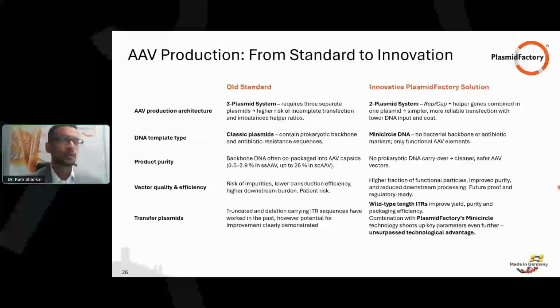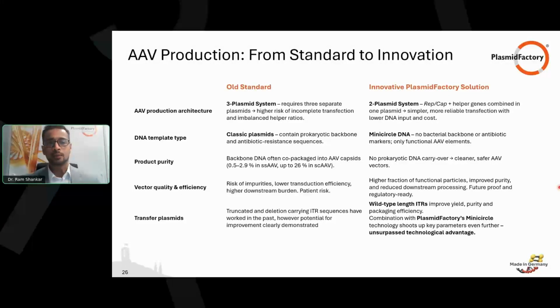Finally, we looked at plasmids containing wild-type length ITRs, how they improved yield, purity, and packaging efficiency. We also saw how it was now possible to actually monitor and track the lengths of the ITR sequences in your plasmid population and stably maintain them during bacterial cultivation.